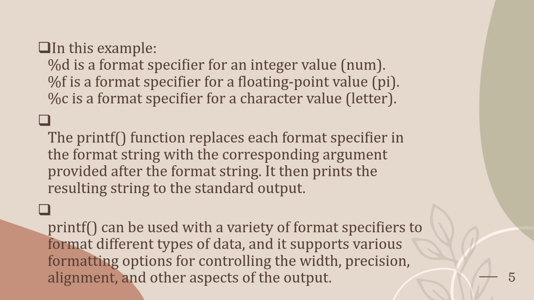It then prints the resulting string to the standard output. The printf can be used with a variety of format specifiers to format different types of data, and it supports various formatting options for controlling the width, precision, alignment, and other aspects of the output.